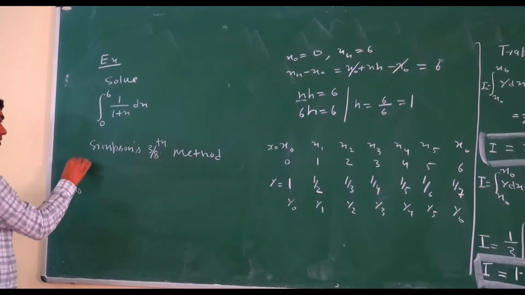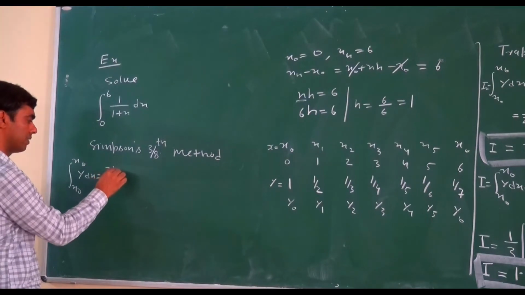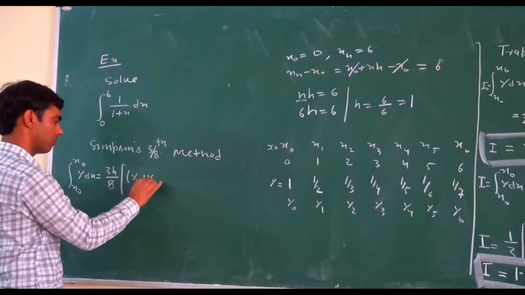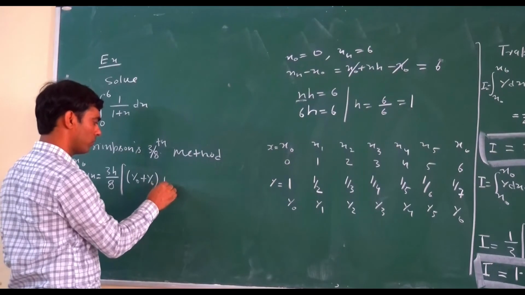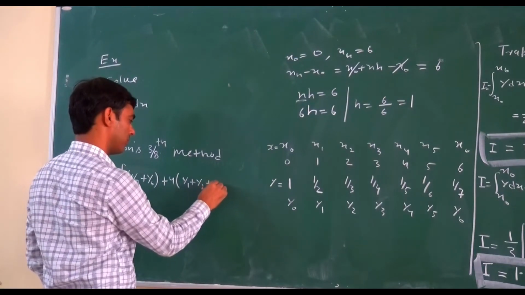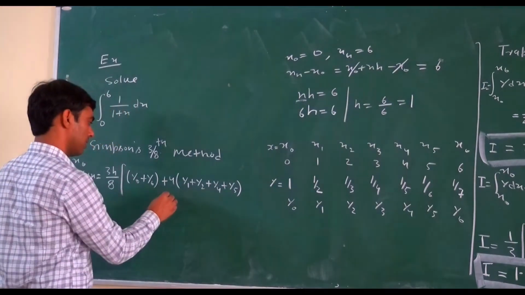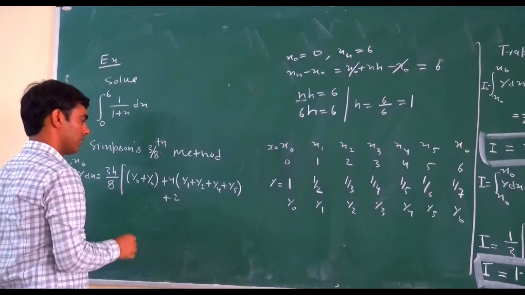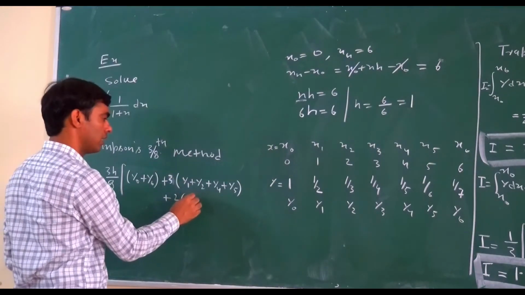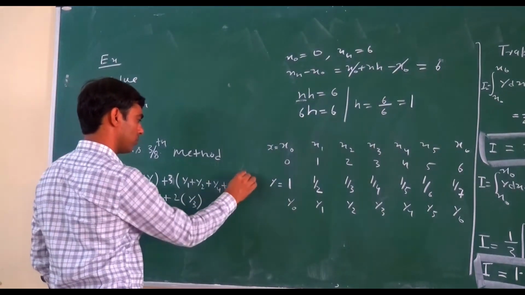Integral from x0 to x6 of y dx becomes 3h by 8, inside the bracket the sum of the first and last terms y0 and y6, plus 3 times y1 plus y2 plus y4 plus y5, plus 2 times y3.